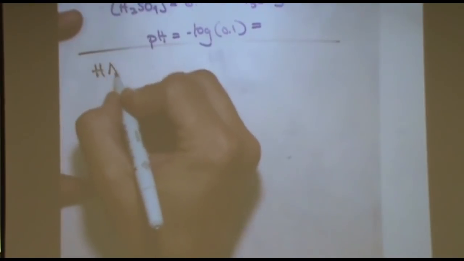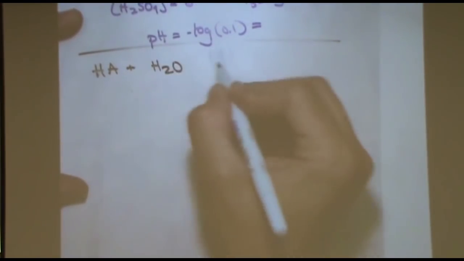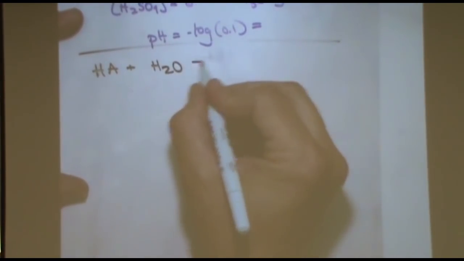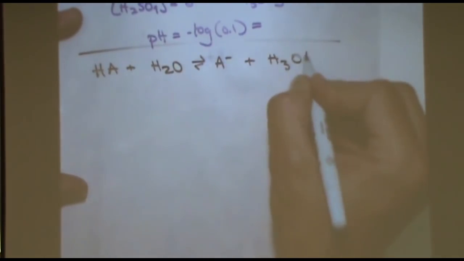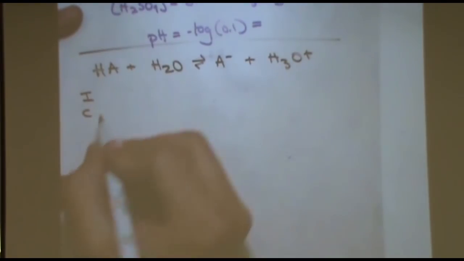Okay, percent ionization. There are really two types of problems, the forward type problem and going backwards for percent ionization. So here's how that would work. Let's say we give you a generic acid, and you're doing the ice table.